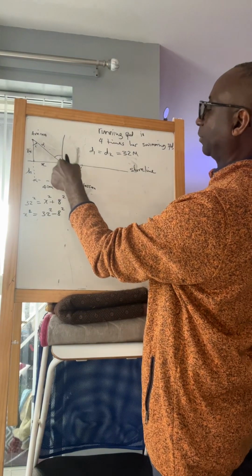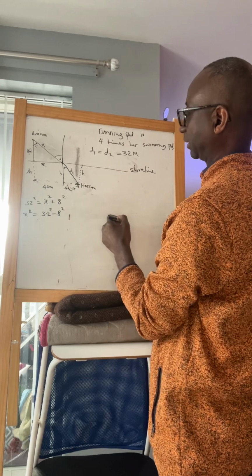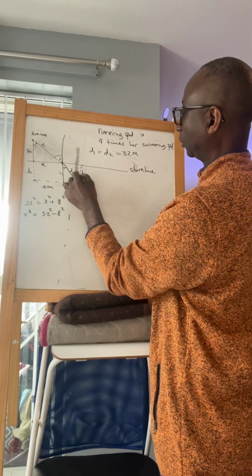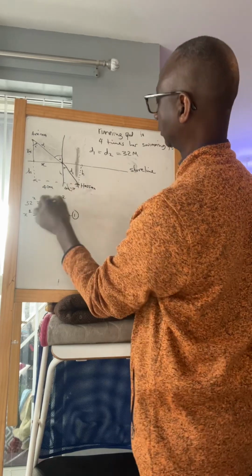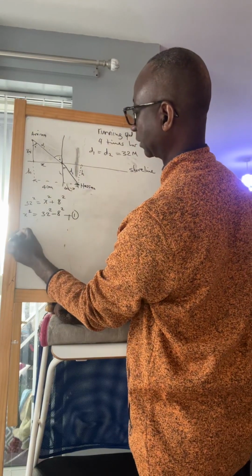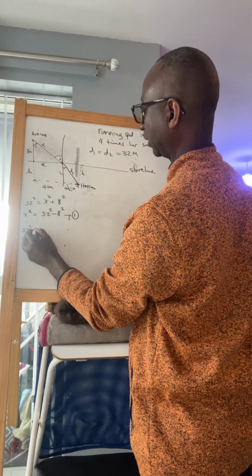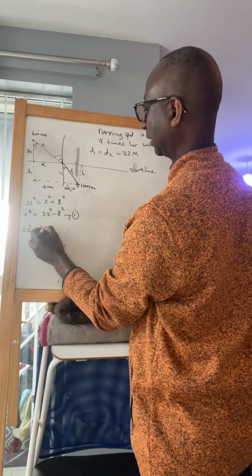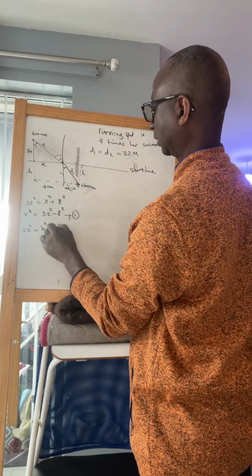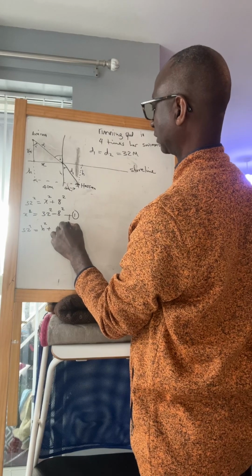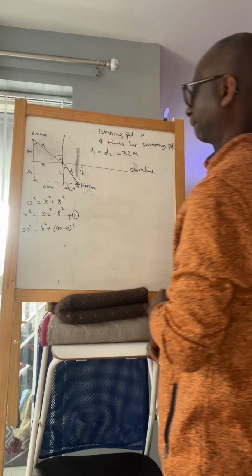Now, from here, we need h. This is h we need to calculate. This is equation 1. For equation 2, we can say d2 again, which is 32 squared, equals h squared plus 40 minus x squared.